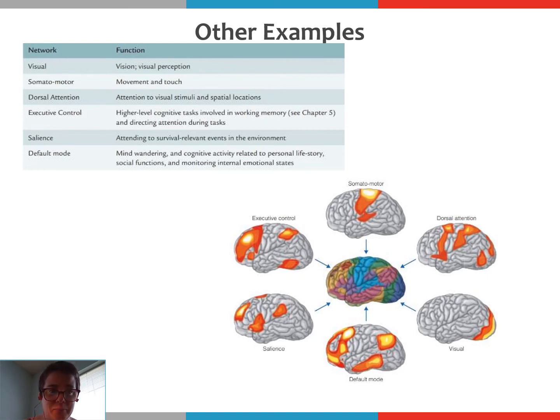Similarly, anytime that we are processing tactile information or information related to movement, we see with the somatomotor cortex that multiple regions of the brain are going to become activated. Again, we see the parietal lobes and the temporal lobes being activated there.